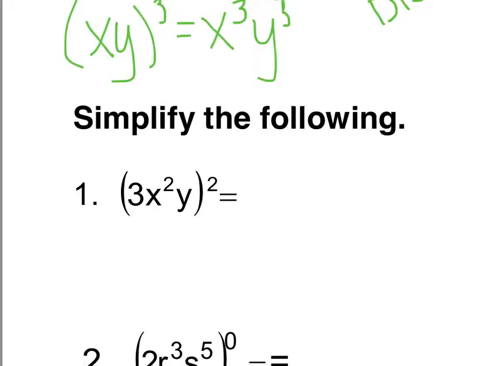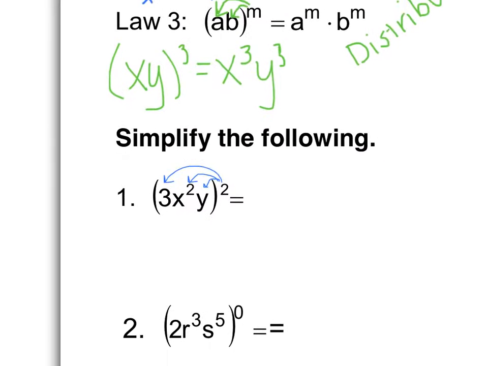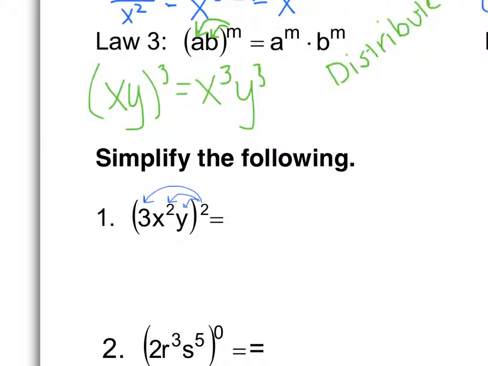Example 1, what should we do? We are going to distribute that squared to every piece based on law 3. So we get 3 squared, x squared squared, and y squared.